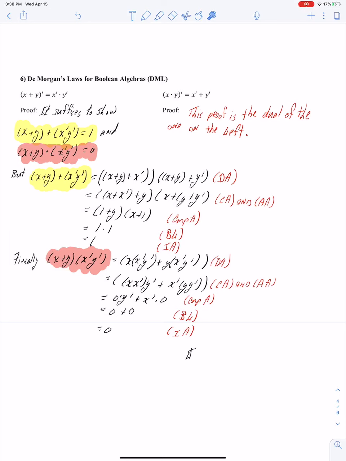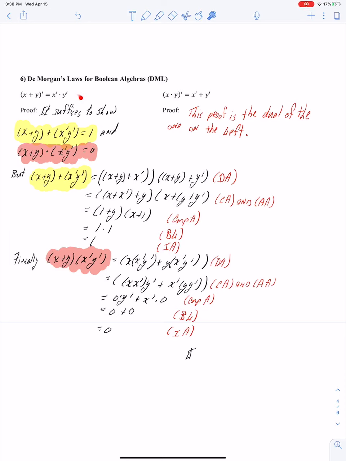But now I know what? That 0 add anything is that thing back. What am I using? The identity axiom. And so I get 0 add 0 is just 0. And lo and behold, I have started with this side and I have ended with that side. So this is proven, right? So I prove this and I prove that.